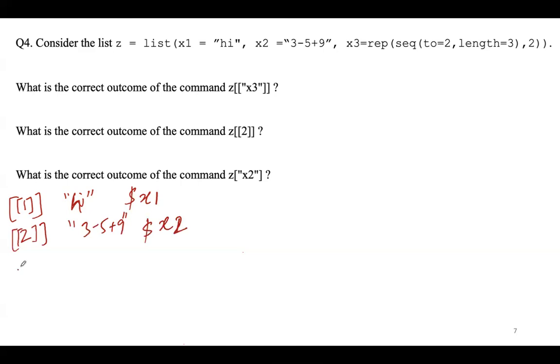And then the third element, which we are calling X3, is a little bit complicated. We are saying go up till 2 and the total length has to be 3. So we are always going in increments. The default is increments of 1.